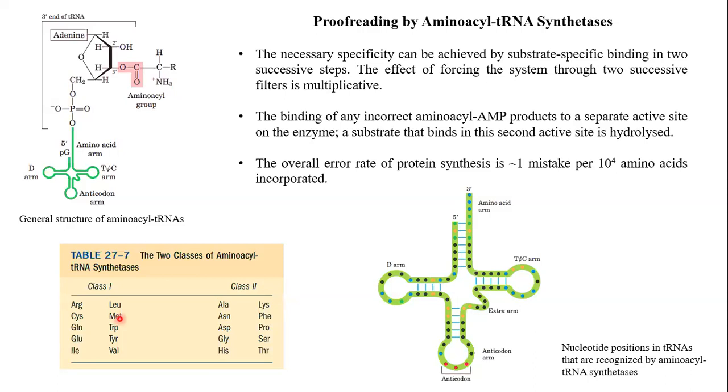So here you can see this is glutamic acid, GLU, which gets charged by class 1, while ASP, aspartic acid, another acidic amino acid, gets amino acylated by class 2. So roughly from each group, equal numbers of amino acids get amino acylated by these two classes of enzymes.